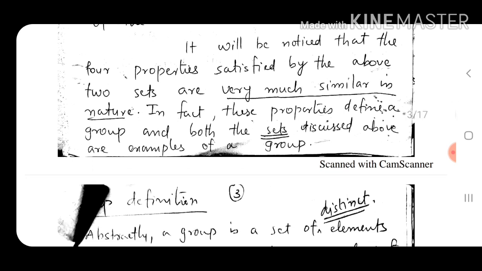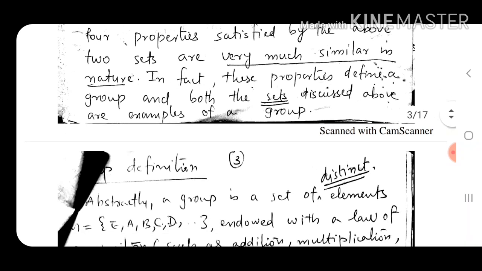The four properties satisfied by these two sets are very much similar in nature. In fact, these properties define a group. Actually, through these two examples, we have seen the definition of the group.